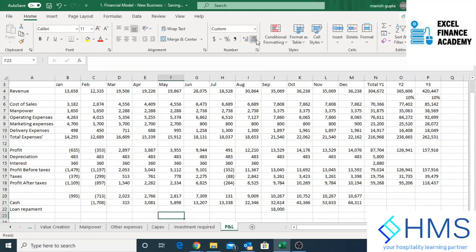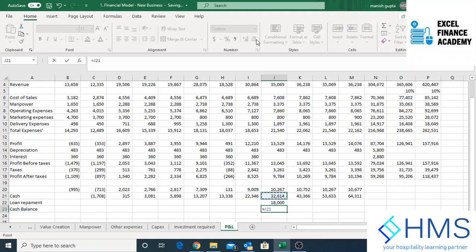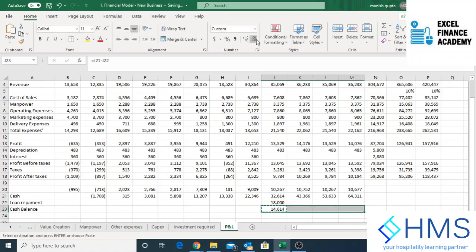So your cash balance will be this much, and then you can again add the new cash balance to the total requirement.